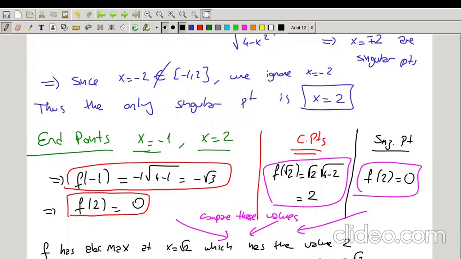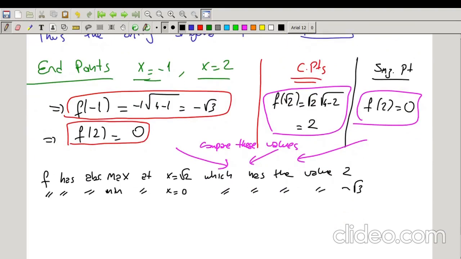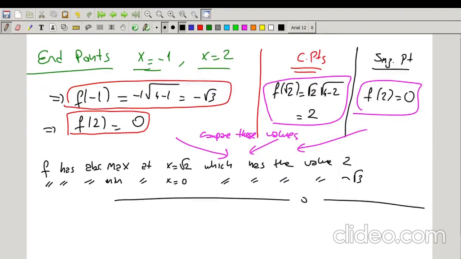Okay, we have 3 values, so I forgot that one. So this is the minimum, this is the maximum one. But don't confuse the following. The maximum value is 2 and minimum value is minus square root of 3, but the maximum value appears at the point square root of 2, and the minimum value appears at the point x is minus 1. Do not confuse these points and the values of f.